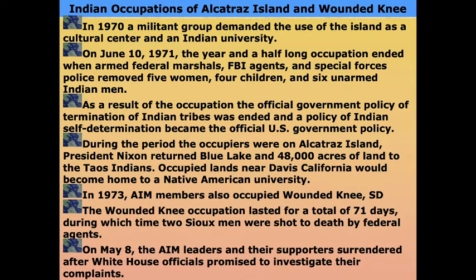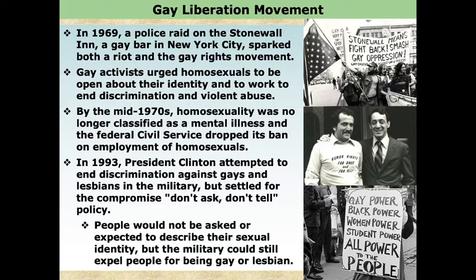Okay, another movement. We got the gay liberation movement. So, I'm telling you guys, there's a lot of movements. Okay, now, in 1969, police are going to raid the Stonewall Inn, which is a gay bar in New York City. It's going to cause a riot, and this kind of is like the spark for the gay rights movement.